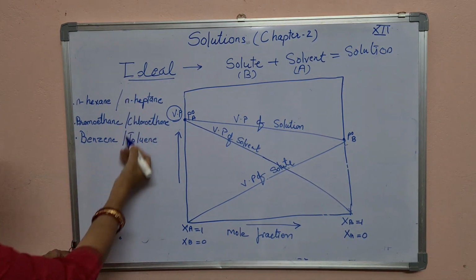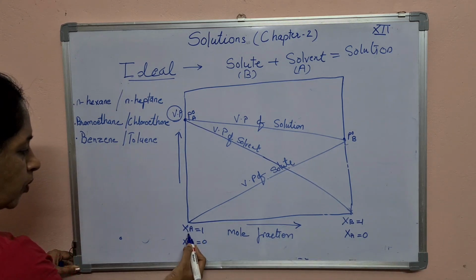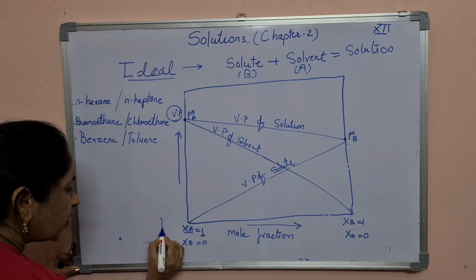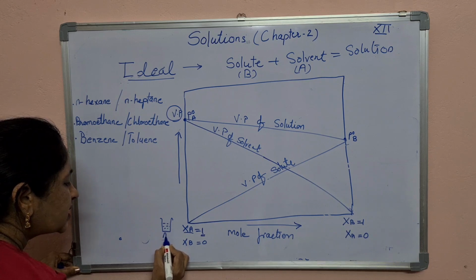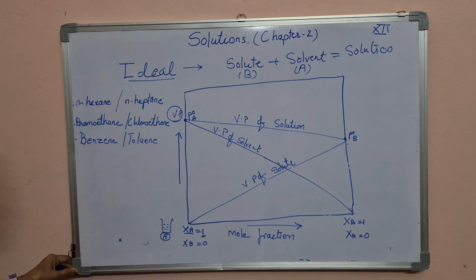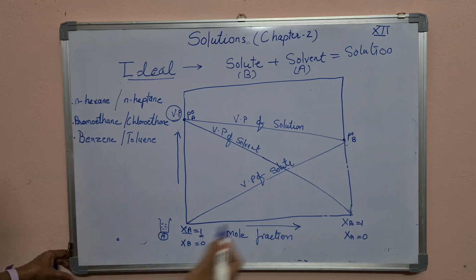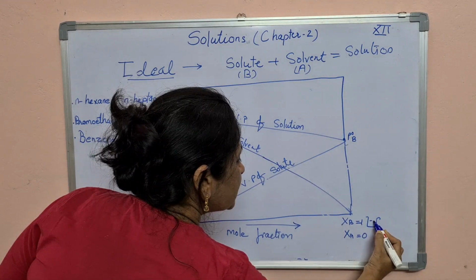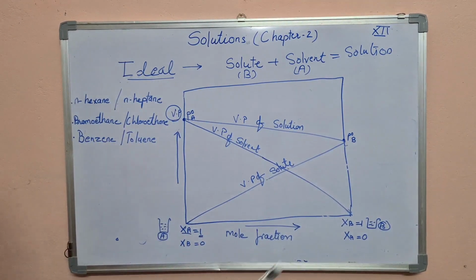These are the examples of ideal solution. So at this point XA is 1. It means, for example, one container is here and in this container only A is present, that is, only solvent is present. At this corner XB equals 1 means one beaker is there and in this only B is present, that is only solute is present.